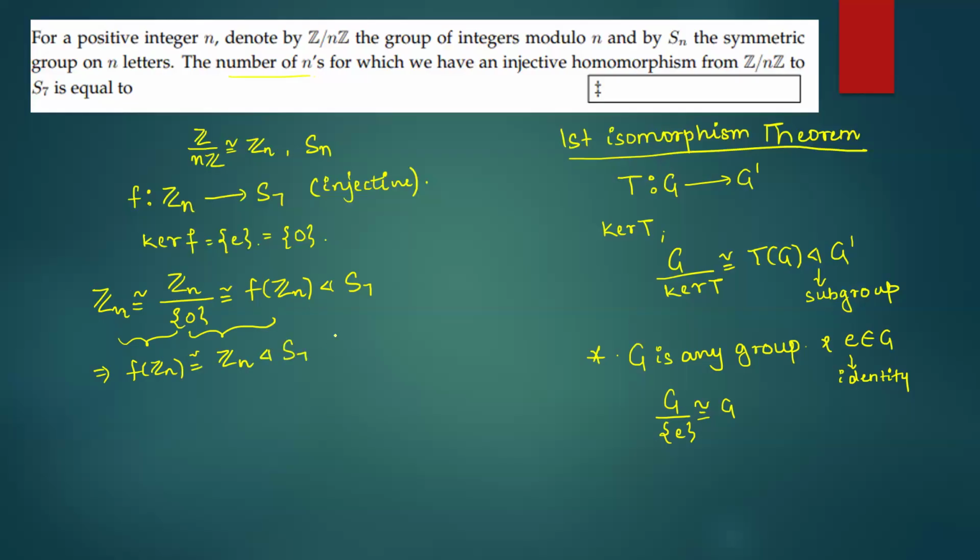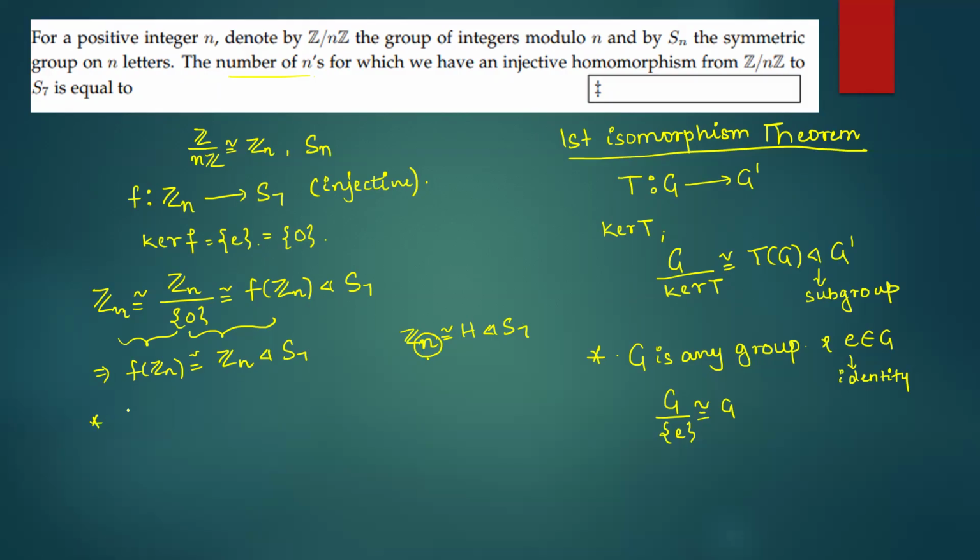When I say that Zn is isomorphic to a subgroup of S7, that means Zn is isomorphic to some H, and this H is a subgroup of S7. Now our question is how many values of n are there for which it is a subgroup of S7, how many cyclic groups are possible in S7, so those will be the values of n.